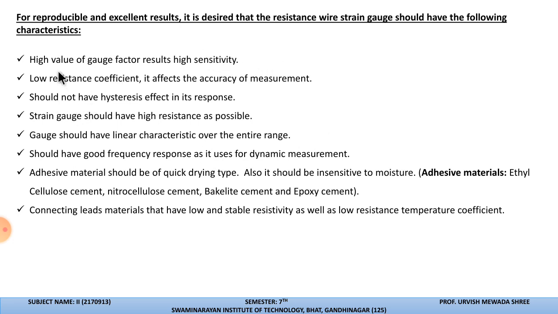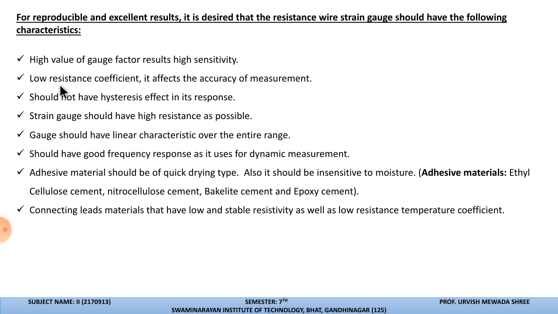If a strain gauge material has a good gauge factor, then that strain gauge should have higher sensitivity. It should have a low resistance coefficient, because it affects the accuracy of the measurement. If the resistance coefficient is higher, then the accuracy is lower.